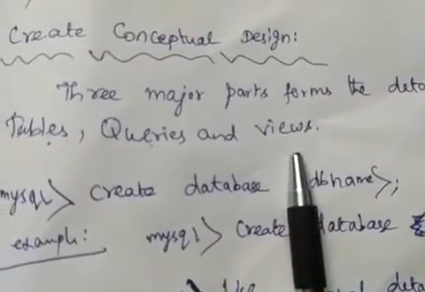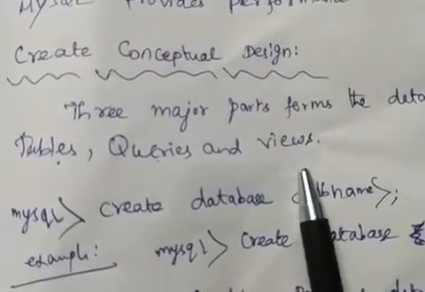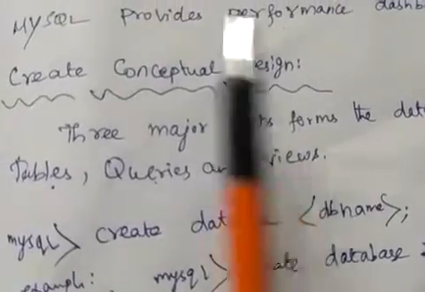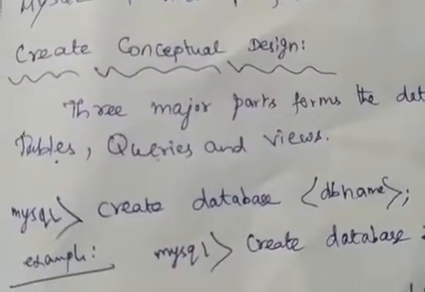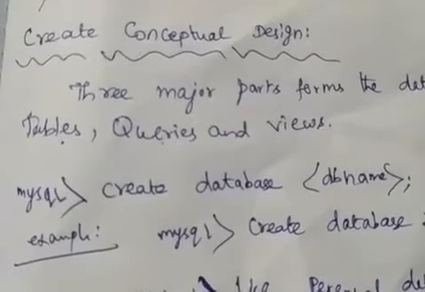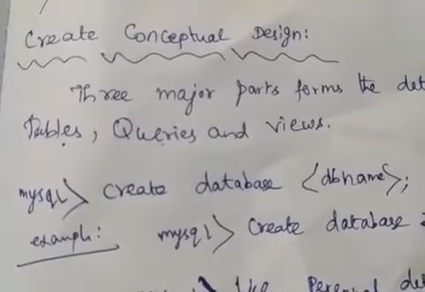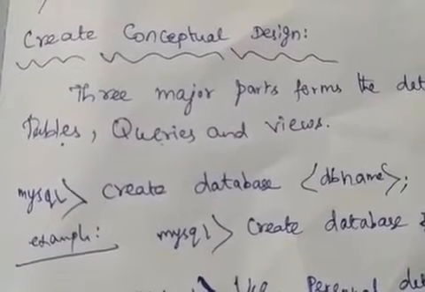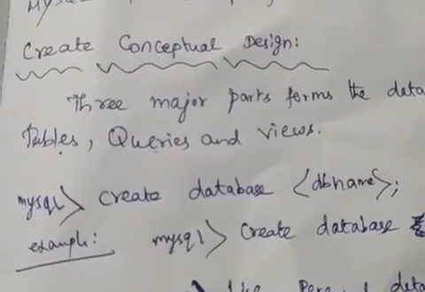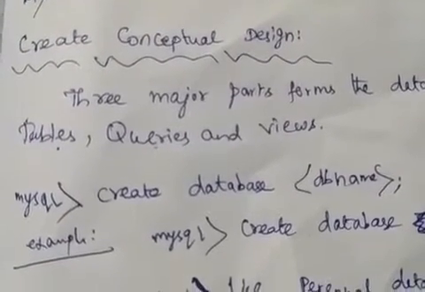So what are views? A set of stored queries are called views. So these three form a database. After creating a database, we can create a table and we can fetch the values from the table with the help of queries, and those results are saved as views. So these three are important and are stored in the database.